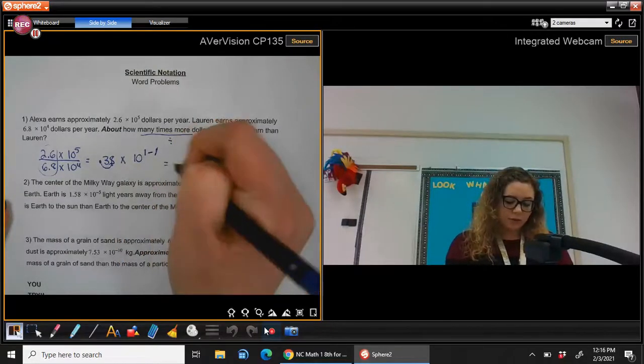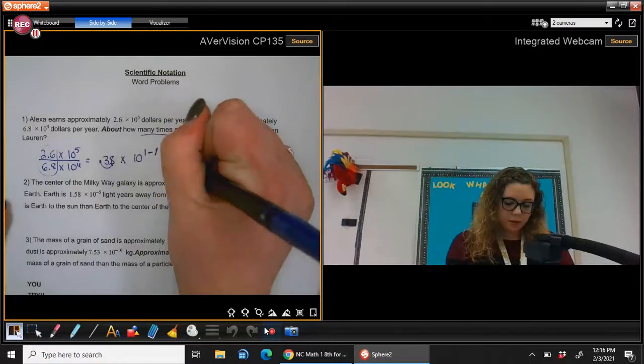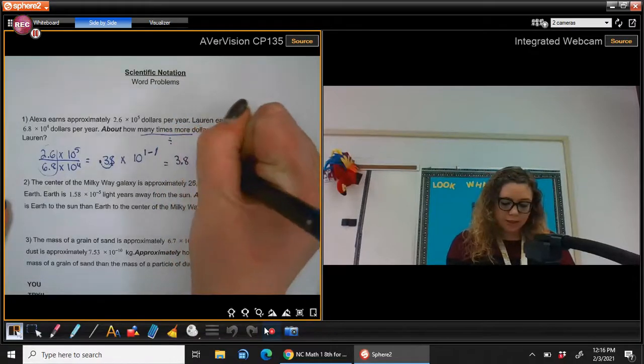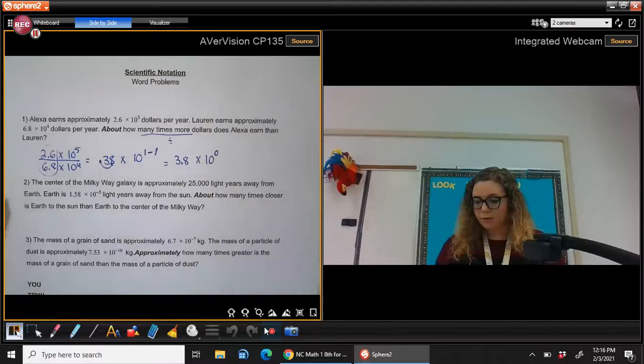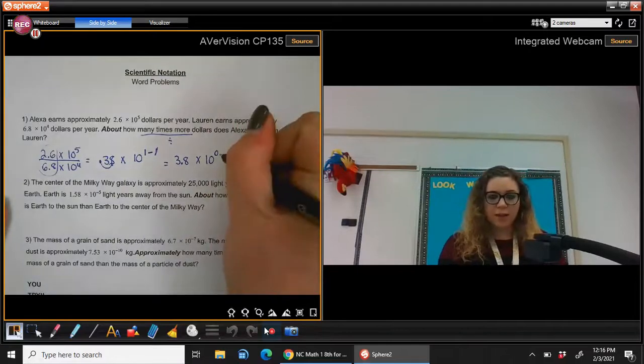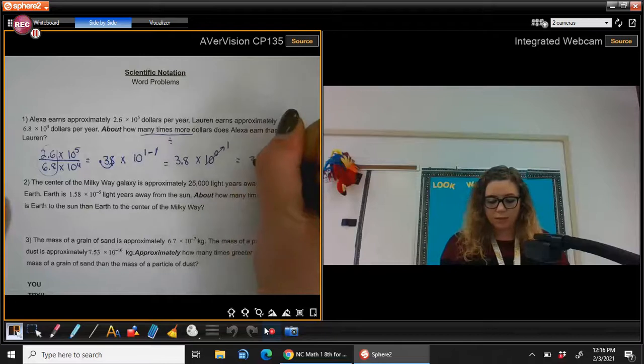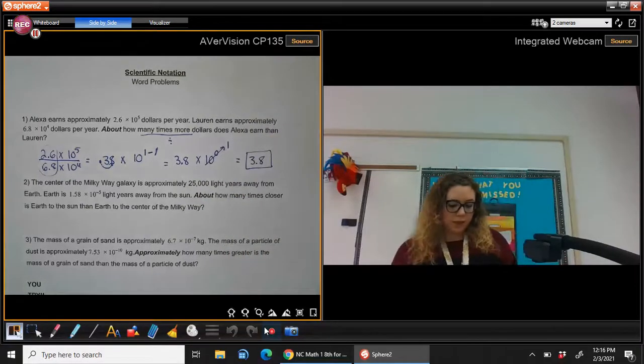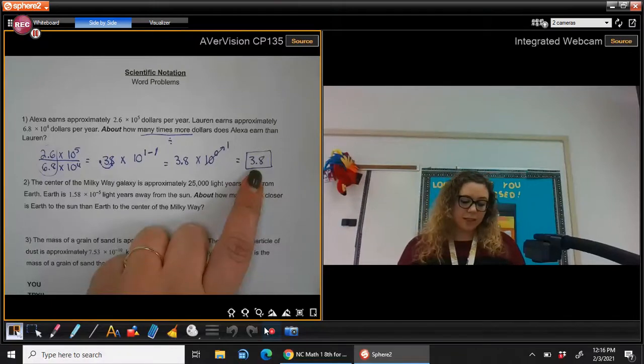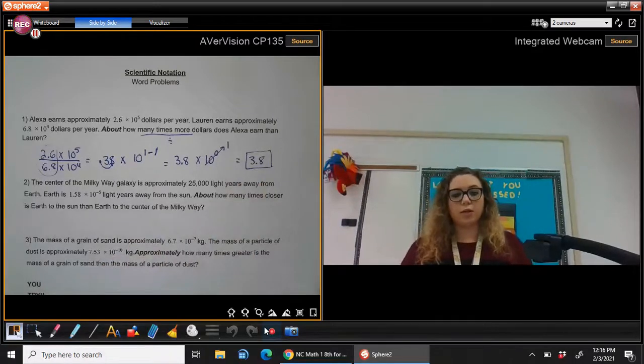So if I rewrote that, that would be 3.8 times 10 to the 0 power. And remember, anything raised to the 0 power is just 1, so I'm really just left with 3.8. So Alexia earns 3.8 times more than Lauren does. So how many times more is a really key indicator that you're going to divide.